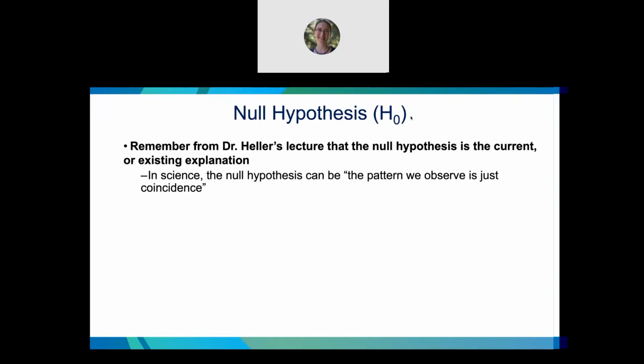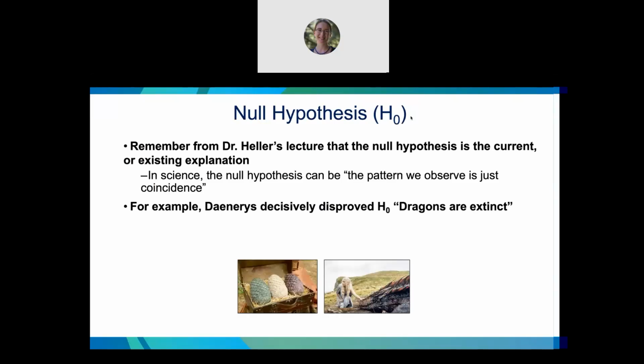So the null hypothesis could be whatever we're observing is just coincidence. For example, remember Daenerys decisively disproved the null hypothesis dragons are extinct by finding some dragons. But in science, it's almost never that decisive.